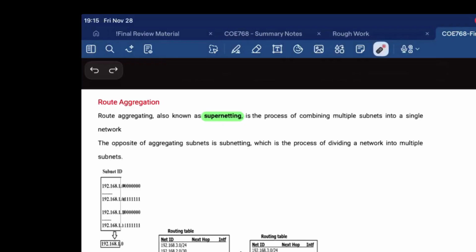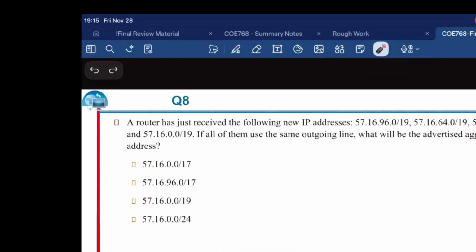Here, we're combining those subnetworks into one port to then communicate out to the real world. That's the purpose of route aggregation, also known as supernetting. And we'll go into some detailed questions about it.